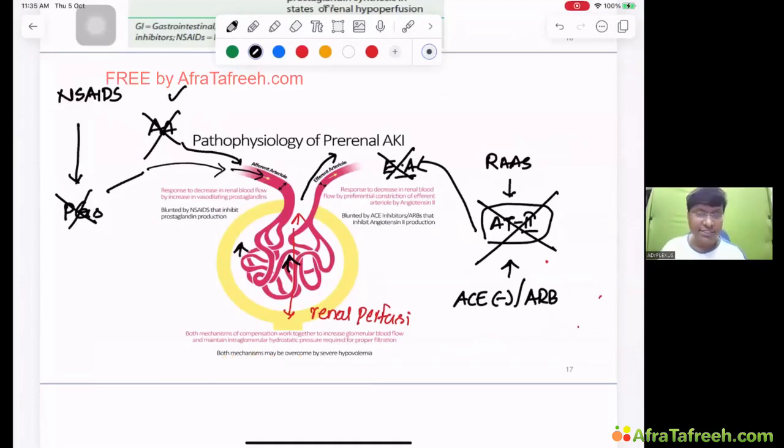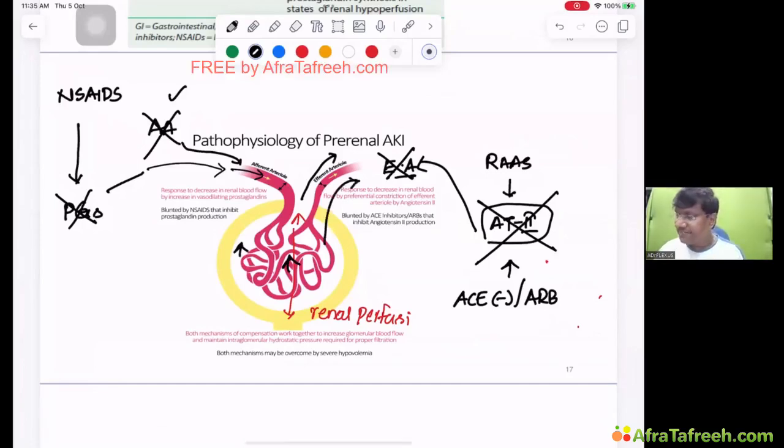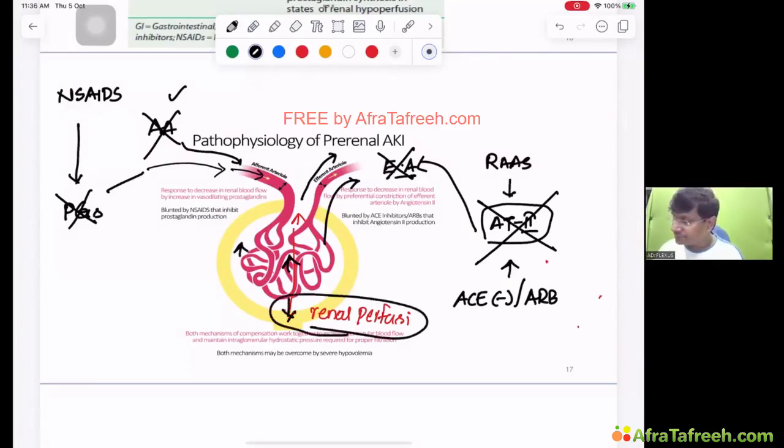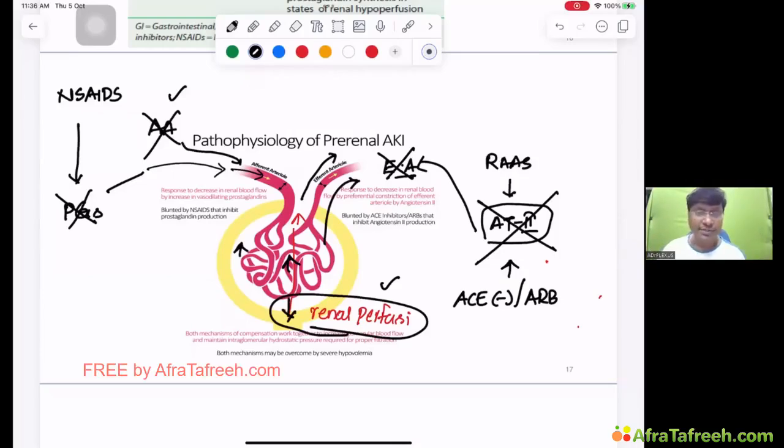When efferent arteriolar constriction does not occur, what happens? The fluid from the glomerulus will easily enter into the efferent arteriole, thereby decreasing the renal perfusion. Because of which the individual will end up in pre-renal type of acute kidney injury.